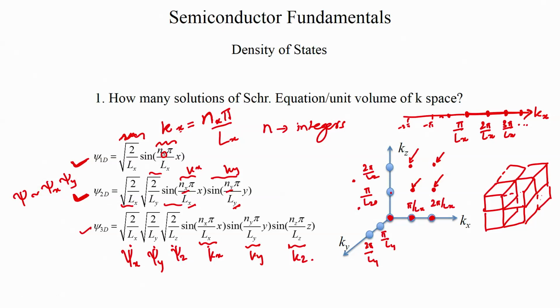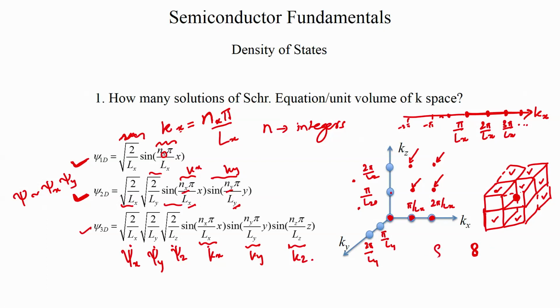So you have this little region, and if you imagine a point right in the middle of this, it is being shared by the 4 cuboids in the front and the 4 cuboids at the back. So each solution is shared by 8 unit cells of k space, and each unit cell in k space has 8 solutions.